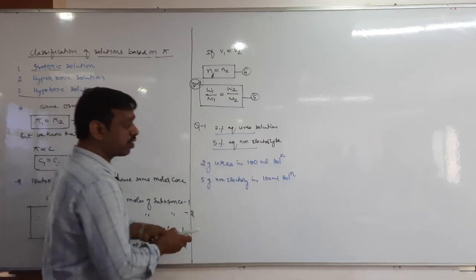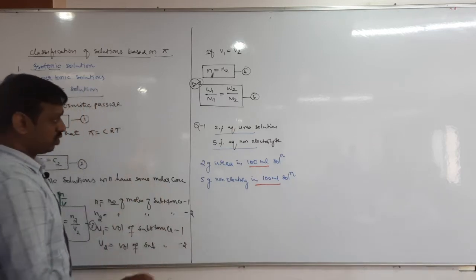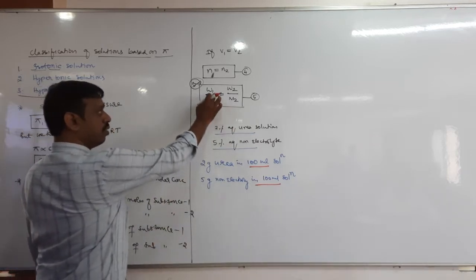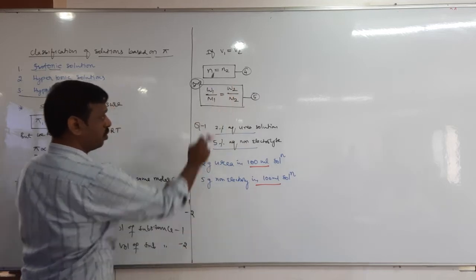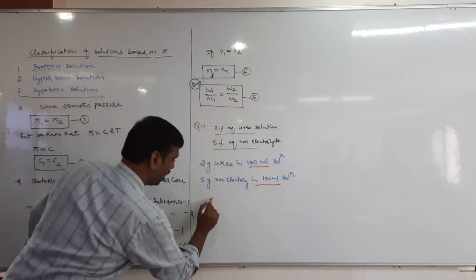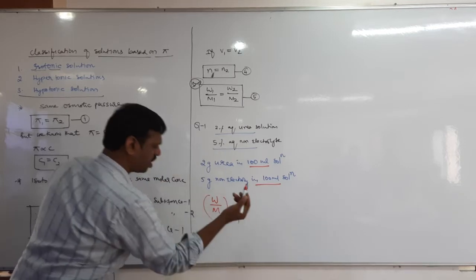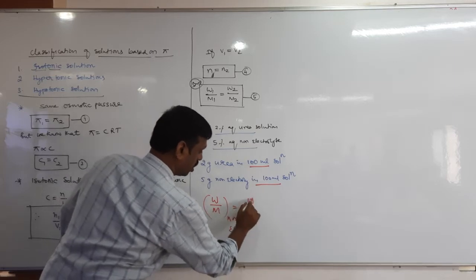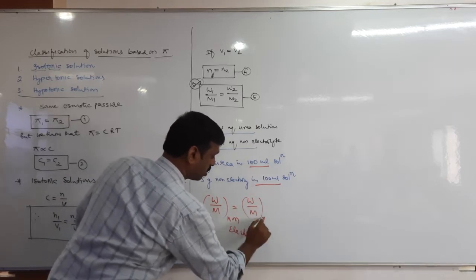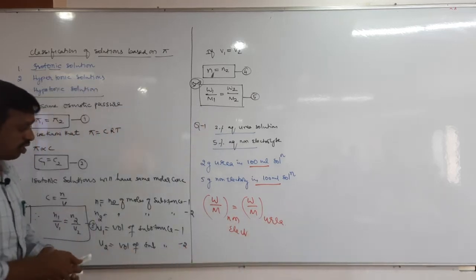Here V1 equals V2. When V1 equals V2, you can use the simplest formula, W1 by M1 equals W2 by M2. Take the non-electrolyte as W by M, and urea the same. Then substitute the values.